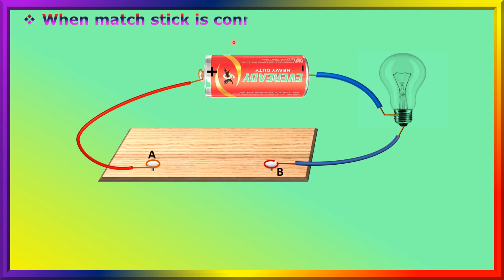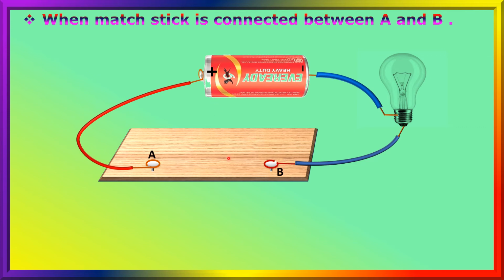When the matchstick is connected, remember, the substances which allow the current to pass through them are called conductors. The substances which do not allow the current to pass through them are called insulators.